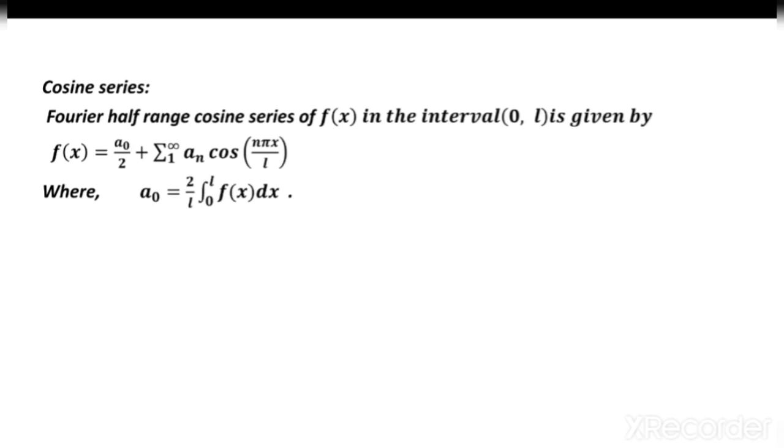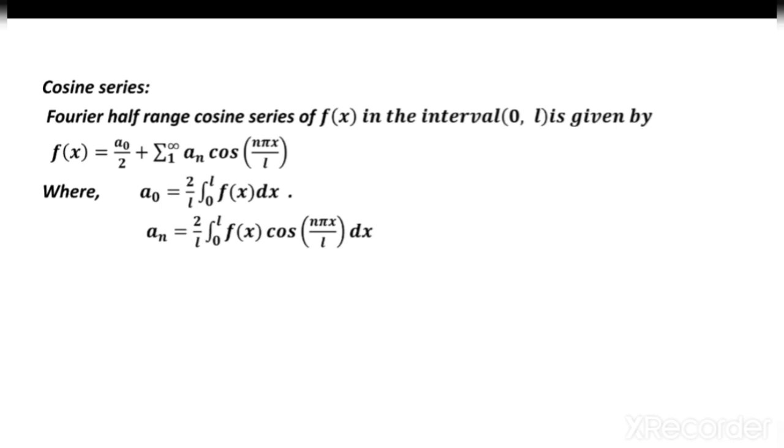Using the formula 2 by L integral 0 to L f of x dx. And what about an? An equals 2 by L integral 0 to L f of x cos n pi x by L dx.